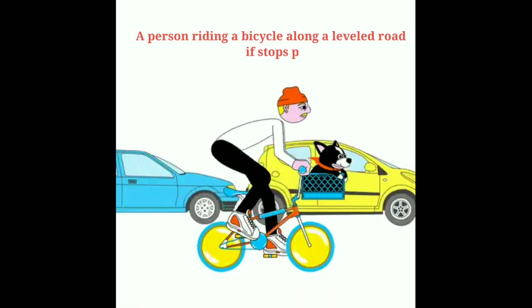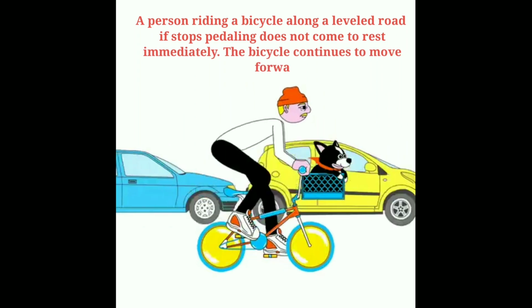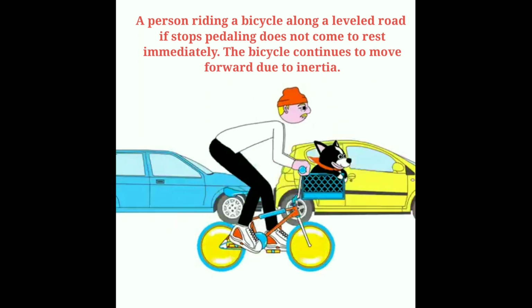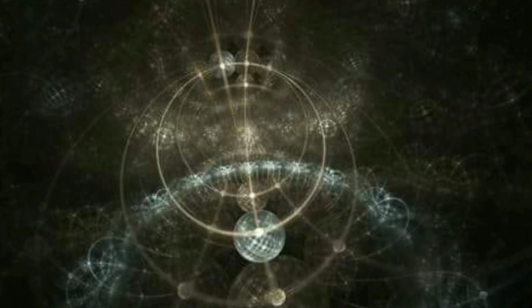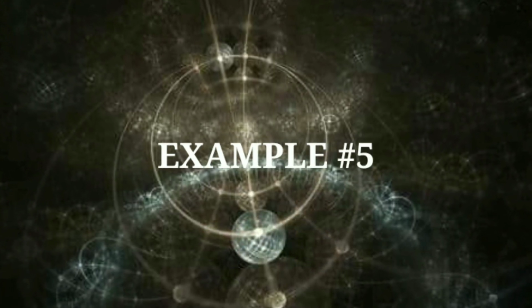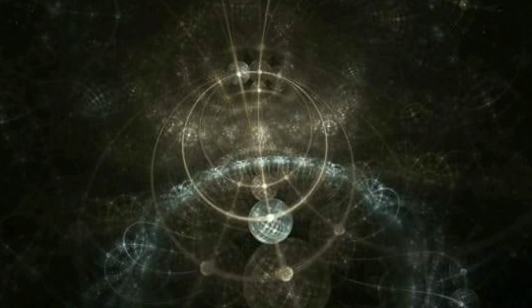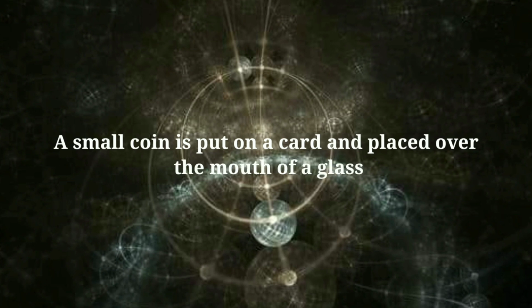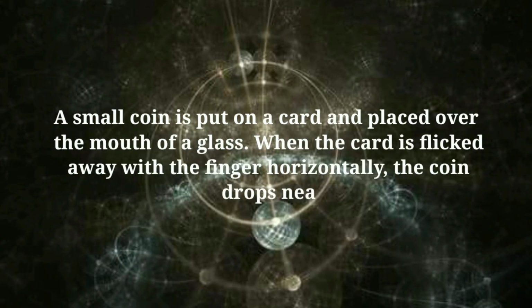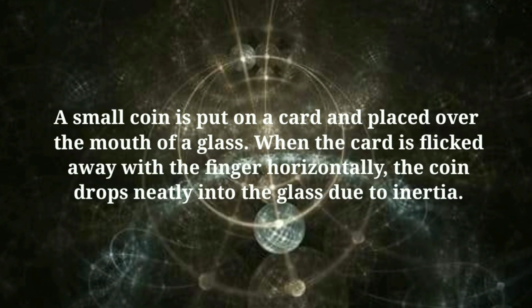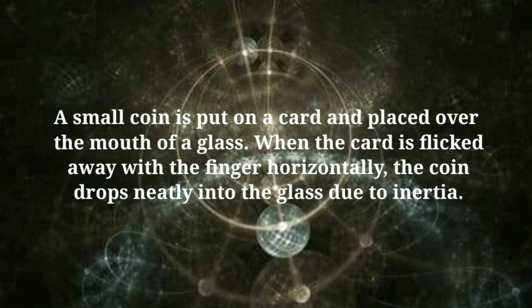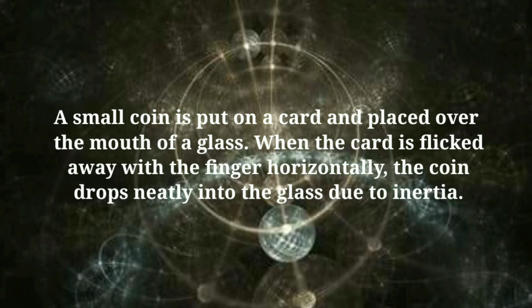A person riding a bicycle along a leveled road, if he stops pedaling, does not come to rest immediately. The bicycle continues to move forward due to inertia. A small coin is put on a card and placed over the mouth of a glass. When the card is flicked away with the finger horizontally, the coin drops neatly into the glass due to inertia.